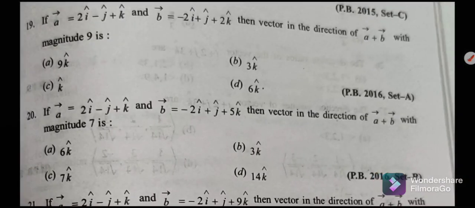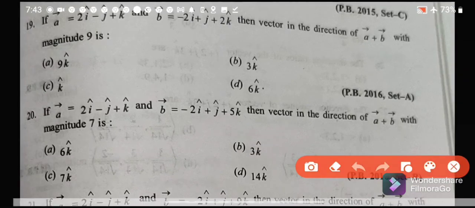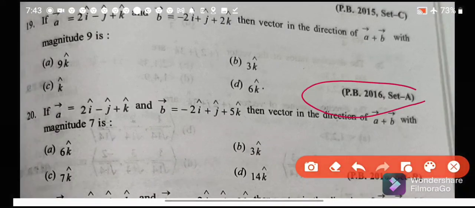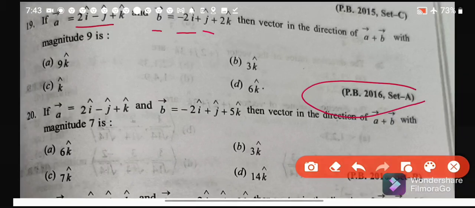If A vector is equal to 2i cap minus j cap plus k cap and B vector is equal to minus 2i cap plus j cap plus 2k cap, then vector in the direction of A vector plus B vector with magnitude 9 is.